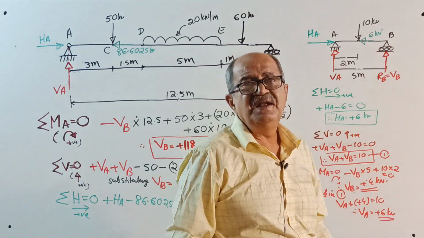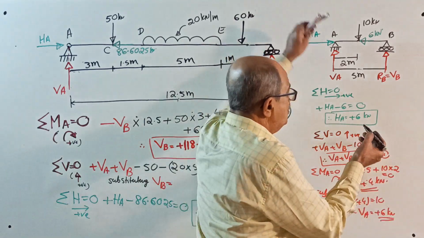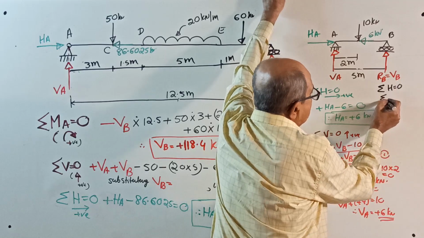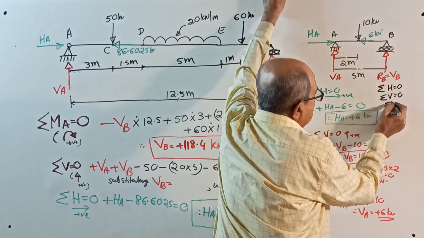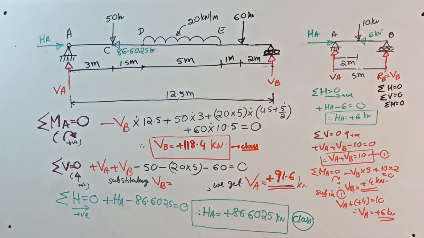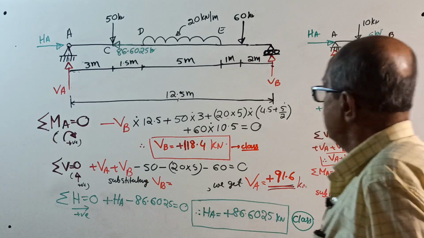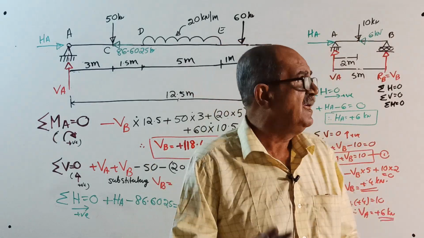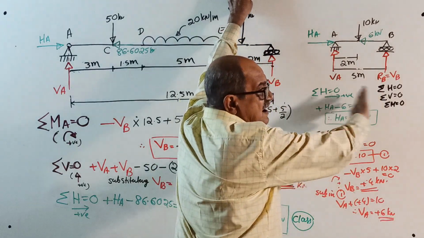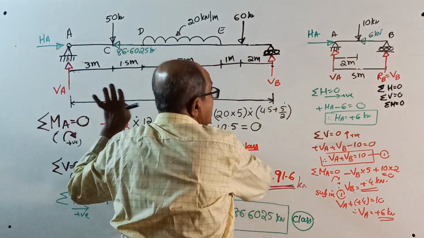Now apply the basic conditions of static equilibrium. I told you sigma H equal to 0, sigma V equal to 0, and sigma M equal to 0. Again, rain is troubling me. Now I will apply first, in the same order, sigma H equal to 0, right side positive, everything I am explaining later.